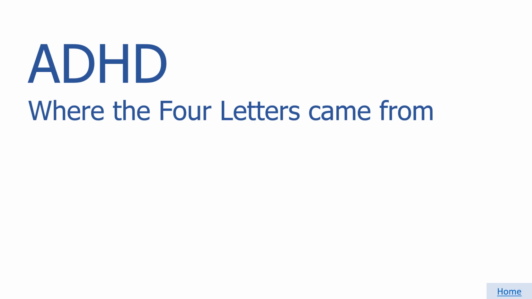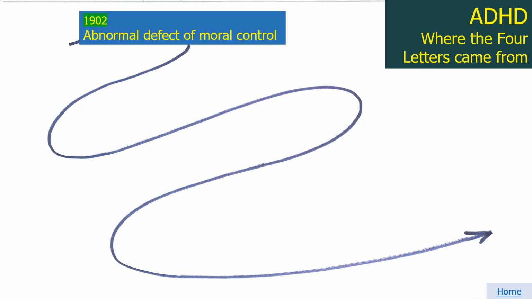So ADHD, where do these 4 letters come from? This is a timeline I've discovered. If I Google, back in 2002, ADHD was referred to as an abnormal defect of moral control, and it's even back earlier than that. 1938, Benzedrine, which was an amphetamine, sold under the trade name Benzedrine, an over-the-counter medication that was there for treating nasal congestion.